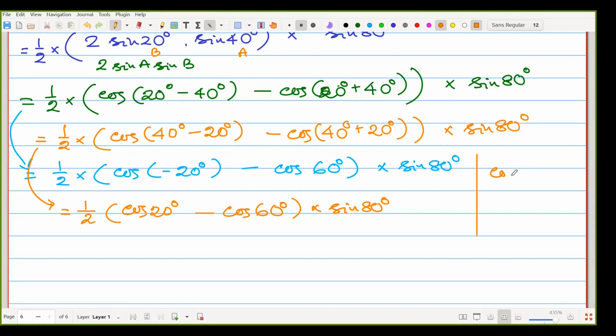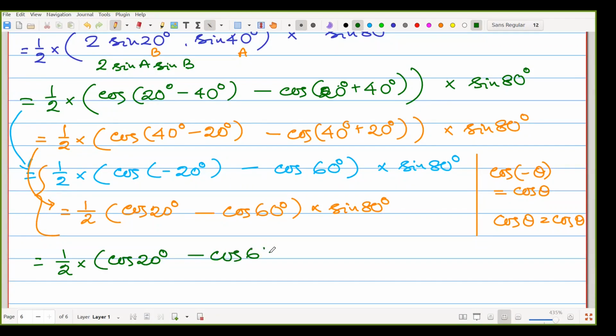Now, cos of minus theta is also cos theta. So both are practically giving us the same. That means half into cos of 20 degree minus cos of 60 degree into sine of 80 degree. So there would be no problem.